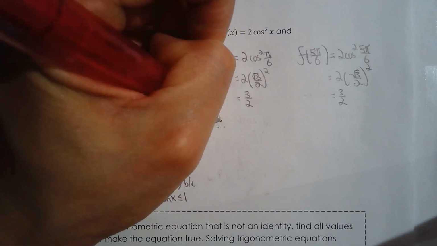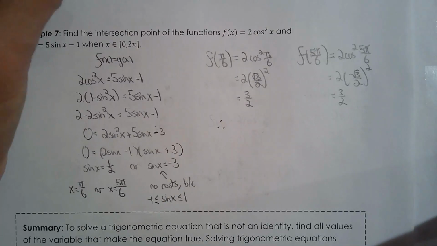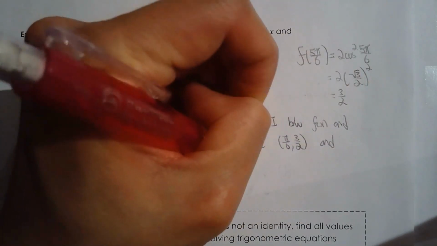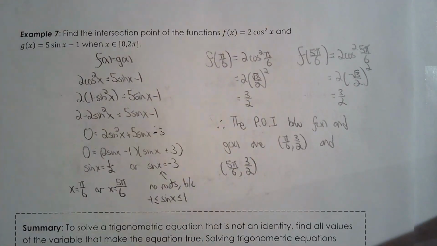Okay, therefore the points of intersection between f of x and g of x are pi over 6, 3 over 2, and 5 pi over 6, 3 over 2.